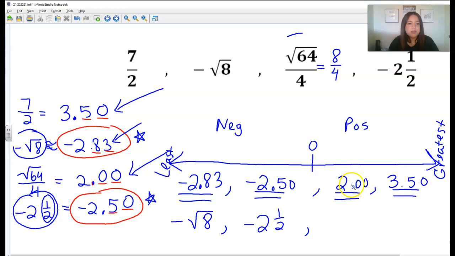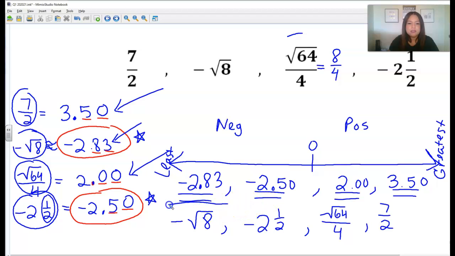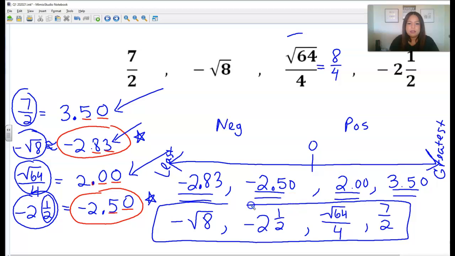And then next we have 2. The 2 was written as the square root of 64 over 4. And finally we have 3.50, which is here, and that one was written as 7 over 2. Now this is my final answer, my order from least to greatest. That's what they asked me to do, and then I'm going to go ahead and highlight.